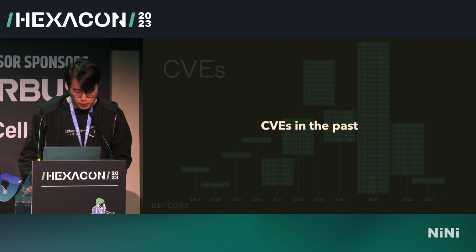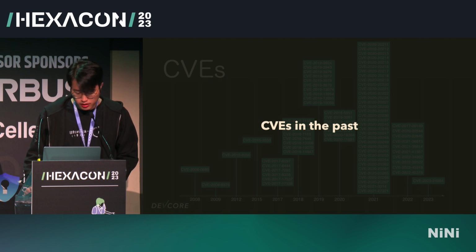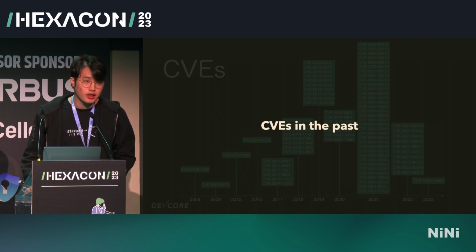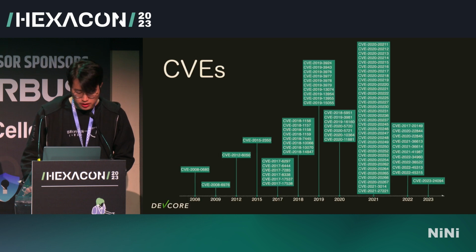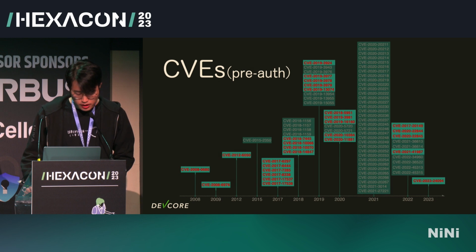And to understand how people research RouterOS, let's have a look at past CVEs of RouterOS. There are a total of 80 CVEs, and 28 of these CVEs are pre-auth exploitable, where the victim is the router itself.